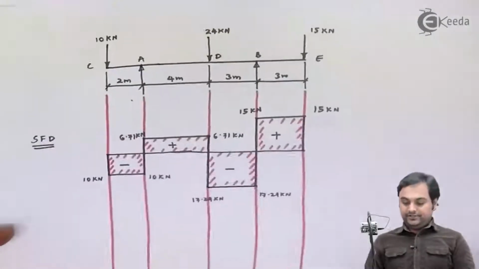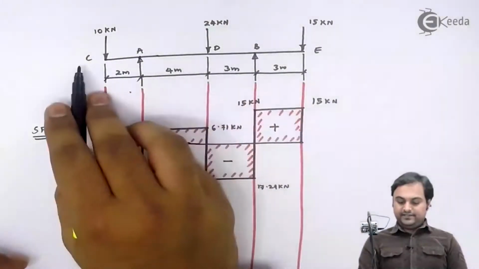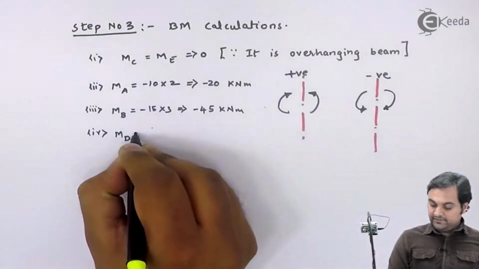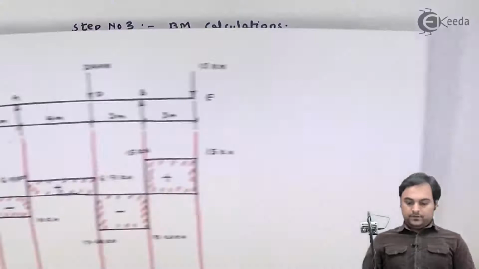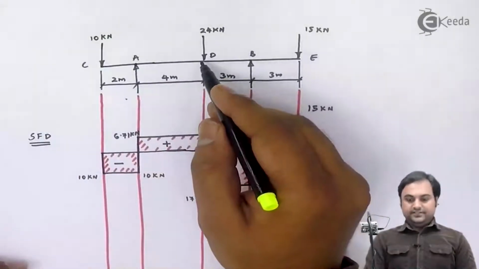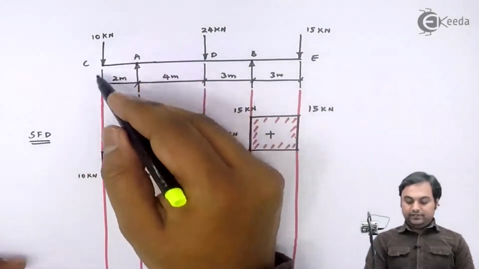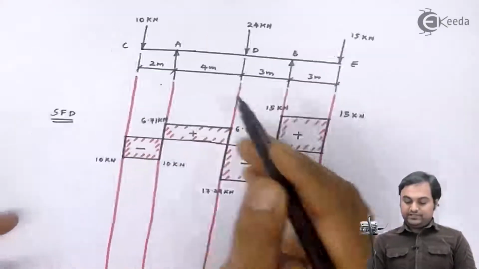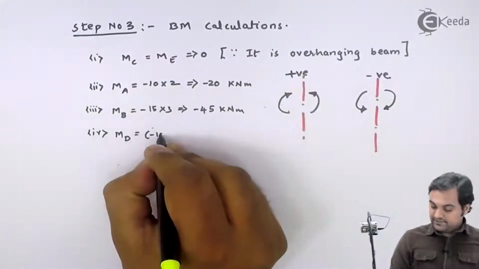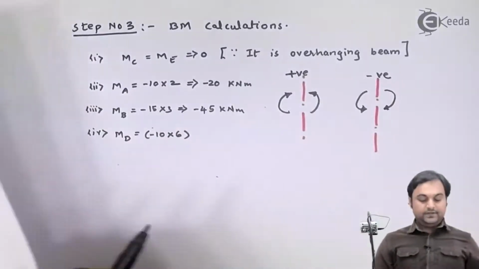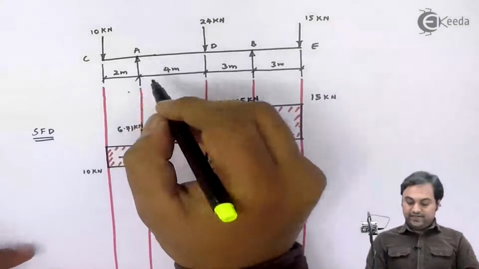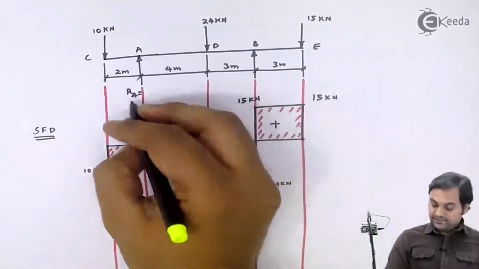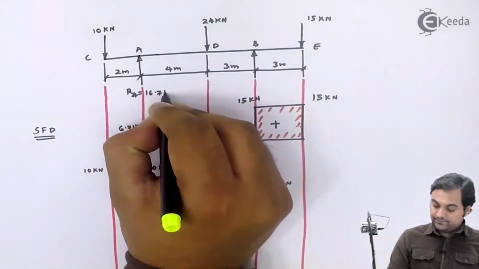After that, moment at point D. So for that I can take either the left or right section. So moment at D will be equal to, if I take the section at D, to the left of it 10 kilonewton is anti-clockwise, so it has to be taken negative. So 10 into 6, that is minus 10 multiplied by 6. Next, I have here reaction at A whose value is 16.71 kilonewton.